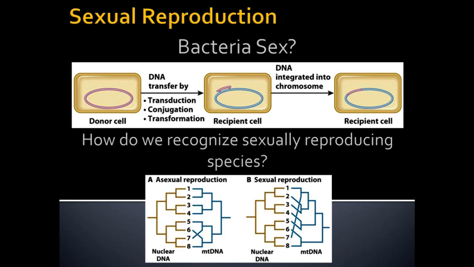So, if you wanted to recognize or determine whether or not a species was sexually reproducing, for most species it's fairly easy. Many species have fairly significant sexual dimorphism, where the males look different than the females. So it's not hard to tell, at least at the adult stage, a male mountain gorilla from a female mountain gorilla, or an elephant seal male from an elephant seal female.